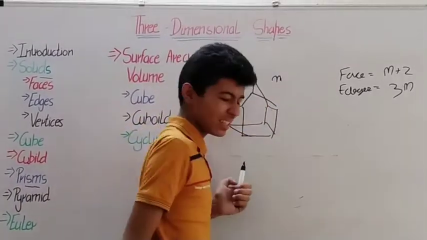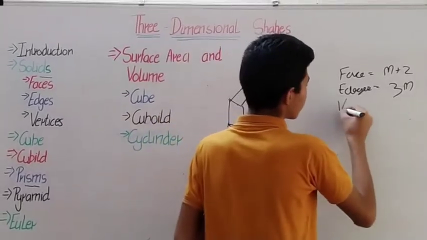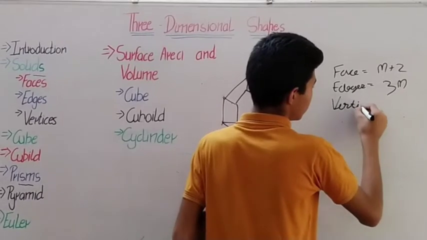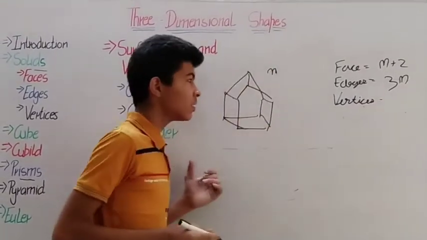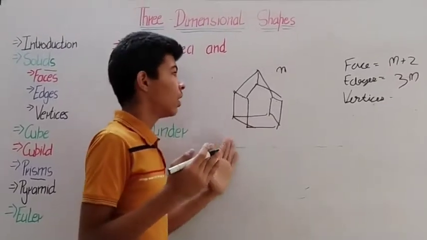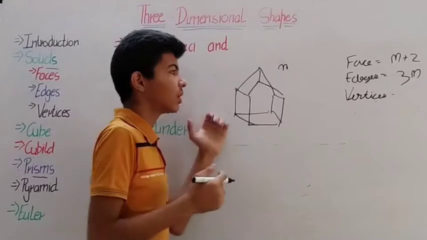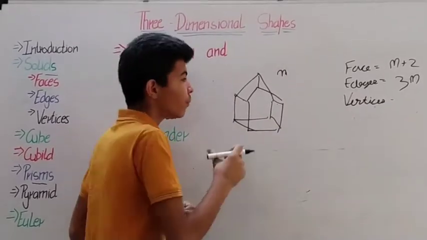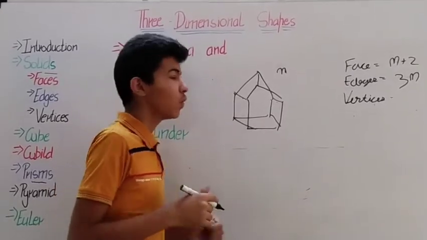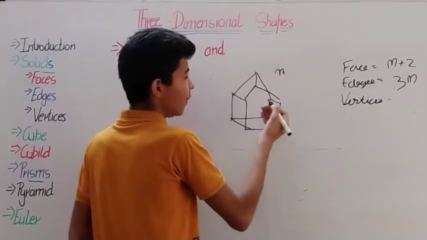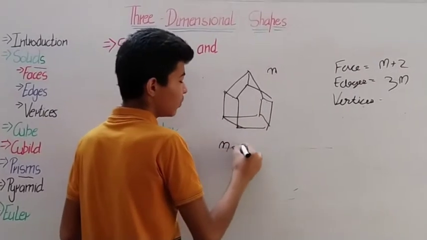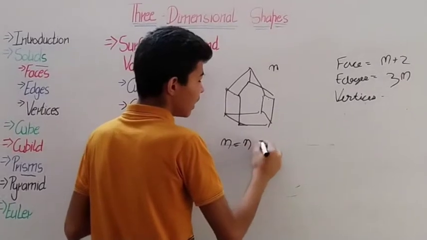So how many vertices does it have? The vertices are the meeting points of the top face and the side faces, and the bottom face as well. So in the first lane, if there are n sides, it would be n, and in the lower lane it would again be plus n.